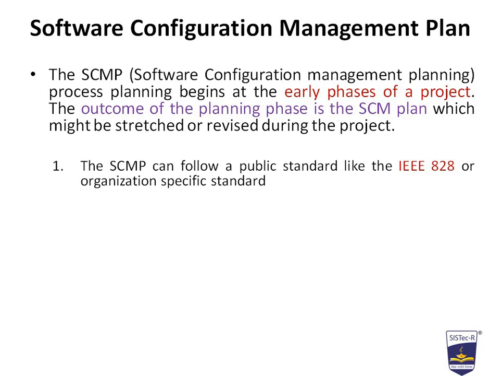IEEE 828 is a public standard, which means that it has defined some guidelines for creating software configuration management planning. So either we can opt for that standard guideline or we can opt for organization specific standards for designing our software configuration management plan.